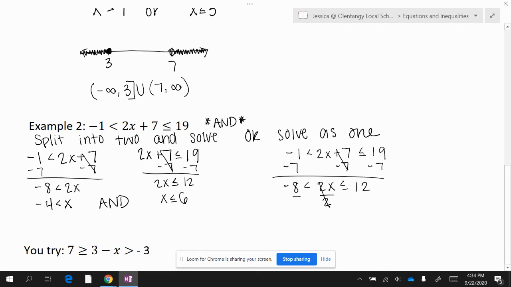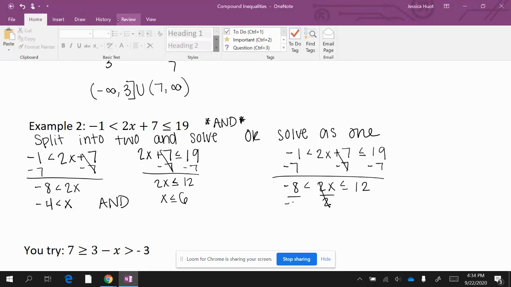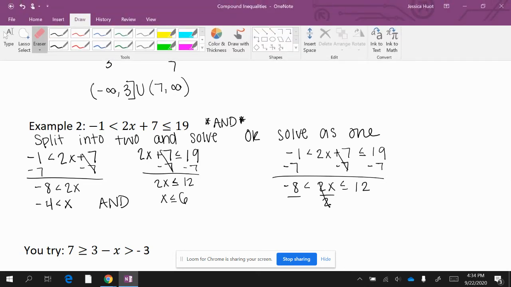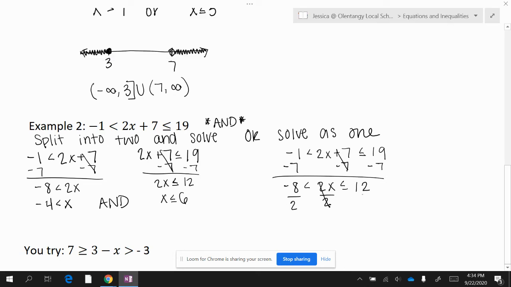Divide by 2 here, so I'm dividing by 2 on each part. So I'd get negative 4 is less than x, which is less than or equal to 6.